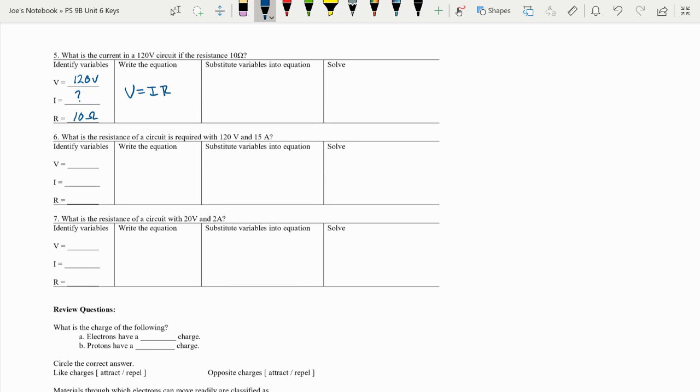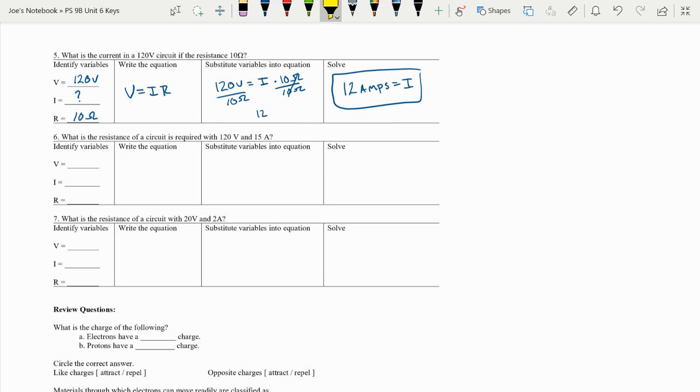When we substitute the variables in, 120 volts equals I times 10 ohms. Divide both sides by 10 ohms, and we get an answer of 12. Because it's current, it is 12 amps equals current.